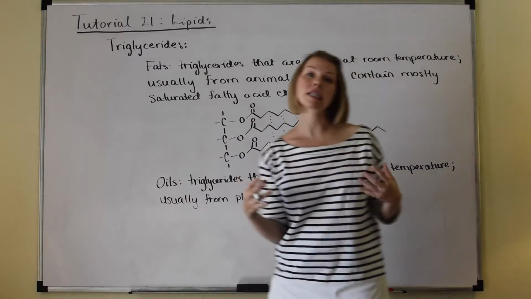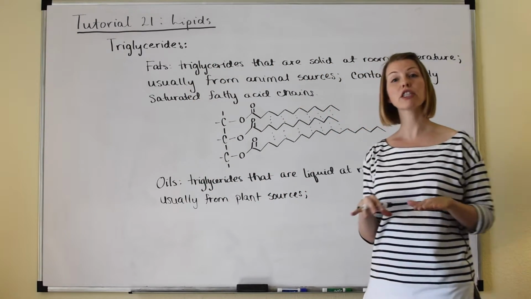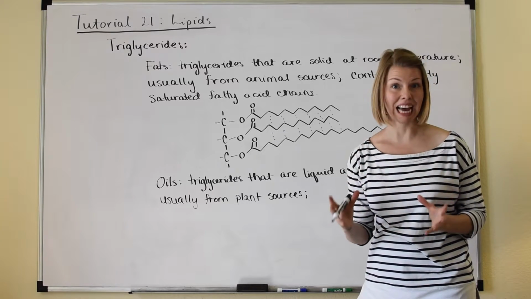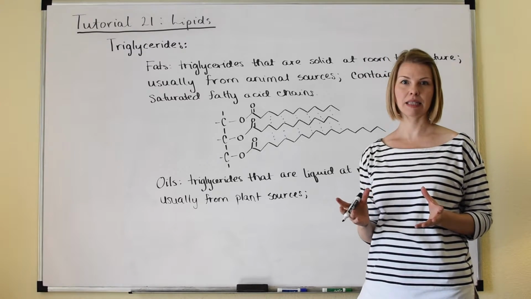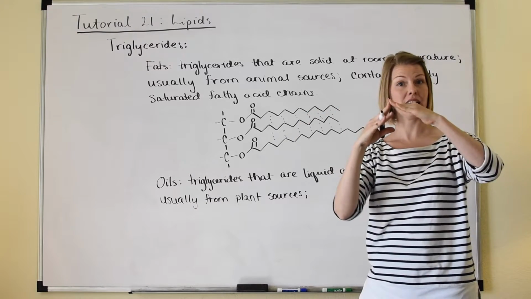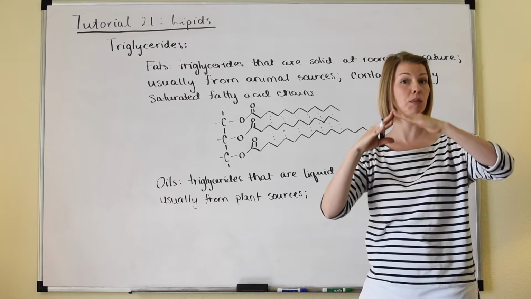And the reason that they have those lower melting points is because they contain more unsaturated fatty acids. And those unsaturated fatty acids have a little bend everywhere that there is a double bond.